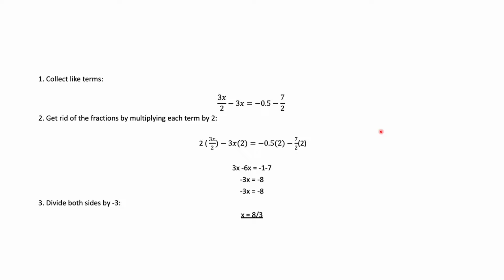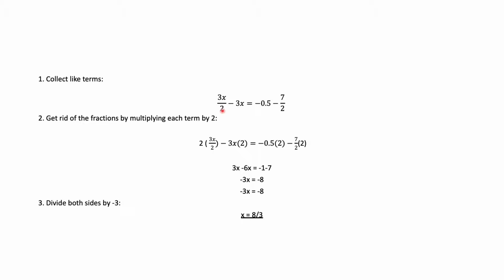And then after that, we get rid of these fractions. We don't want to have these fractions in our equation. In other words, we want to have a linear equation, which is very easy to work with. So the way we do that, we multiply each term in the equation by 2.